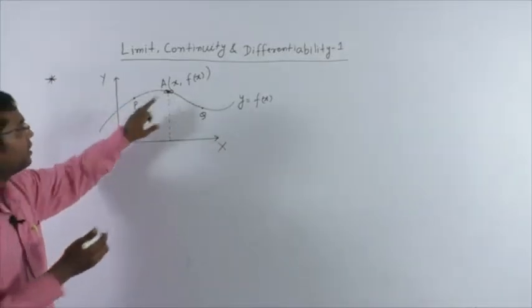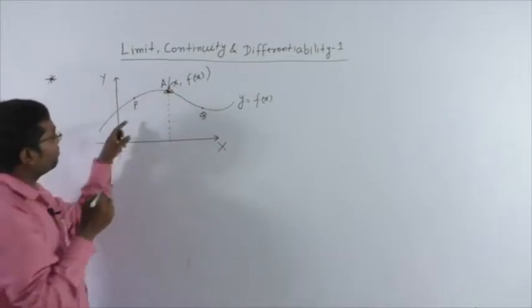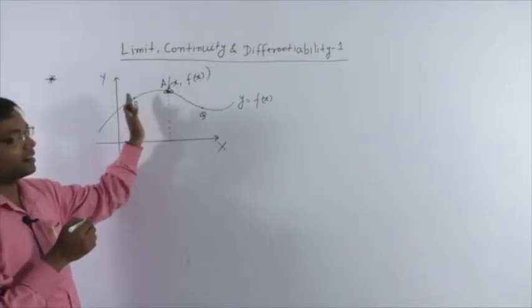Now at this point, what will happen? P is just left of A and Q is just right of A.